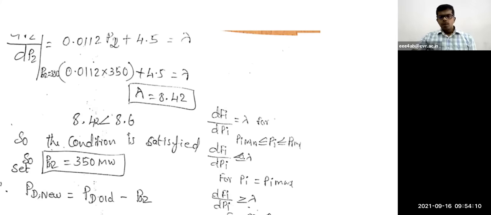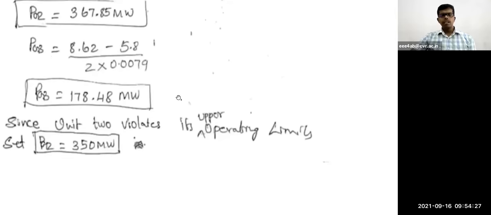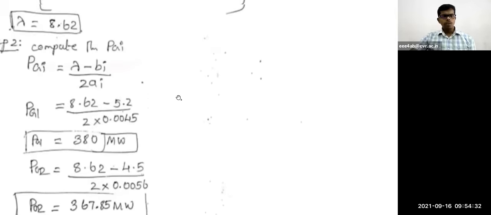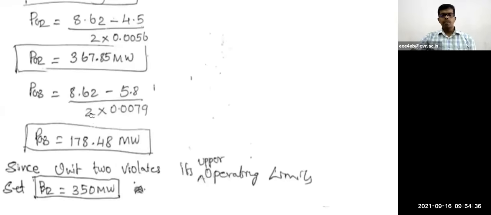So what is the condition here? The second condition you have to write here, that is dF2 divided by dP2 is less than or equal to lambda. Already we found out the lambda value, what is the value of lambda? Here 8.62, we already found out.